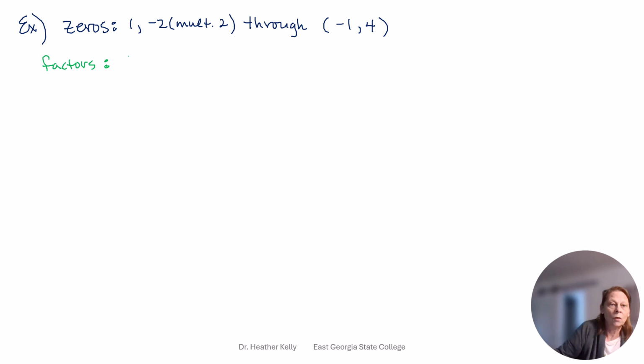Our factors here are x minus 1 and x minus negative 2, multiplicity 2. So now let's set it up here. f of x is equal to a times, that's factored form we just wrote out.